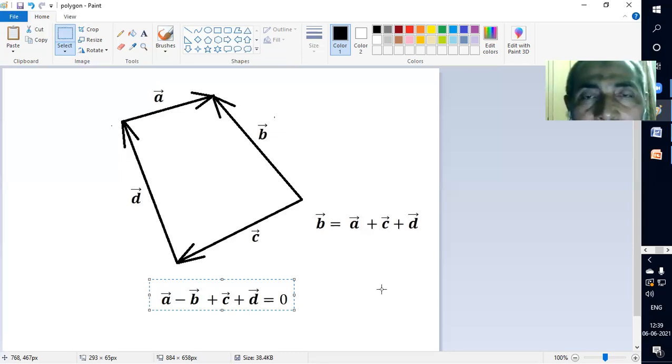And remember, this particular procedure is only applicable when the vectors are giving you the closed figure making one polygon. However, the number of vectors may be 4 or maybe 5, maybe 6, or any number, or 3, irrespective of the number of the vectors, you can use this procedure. Now, using this procedure, let's see what will happen.